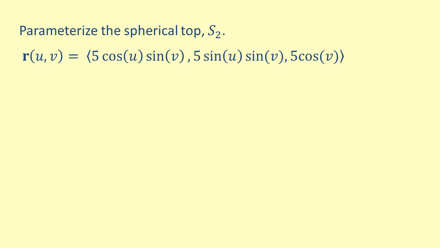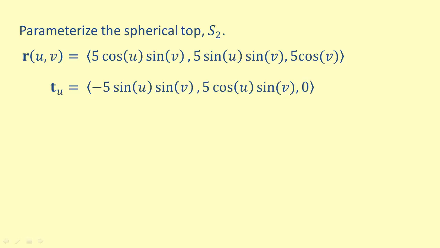The second piece is the top, which is a hemisphere centered at 0, 0, 0 with radius 5. Therefore, it makes sense to parameterize in spherical coordinates. We'll let u be between 0 and 2 pi, and v be between 0 and pi over 2. This gives us the vector r of u, v equals <5 cosine u sine v, 5 sine u sine v, 5 cosine v>. It follows that the tangent vector t sub u equals <negative 5 sine u sine v, 5 cosine u sine v, 0>.